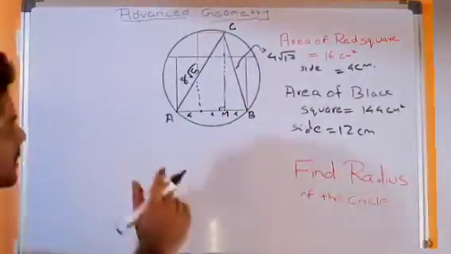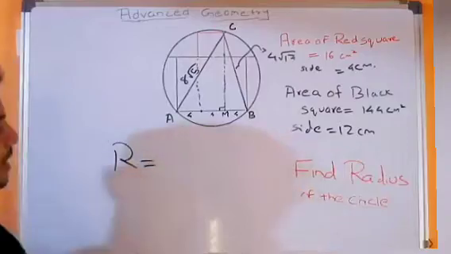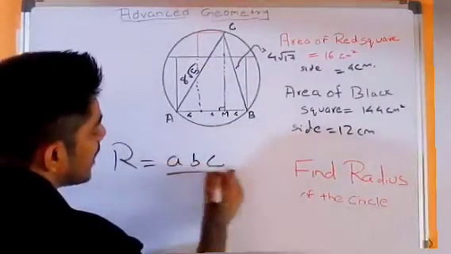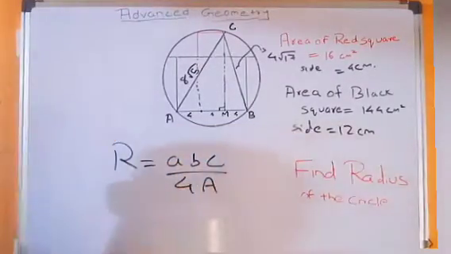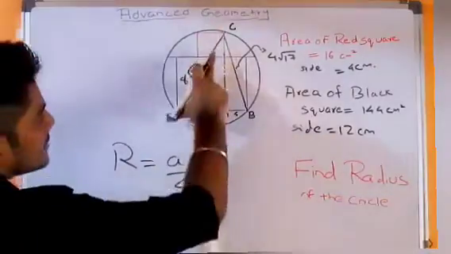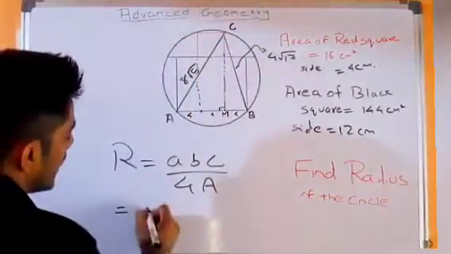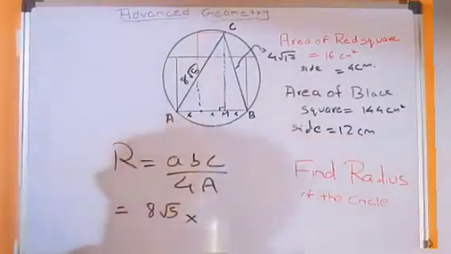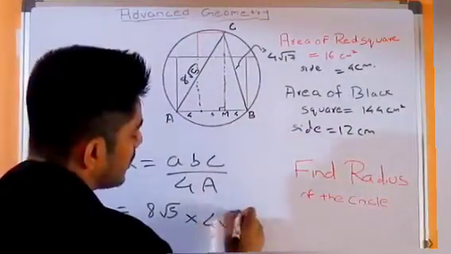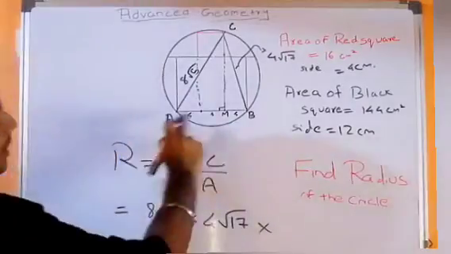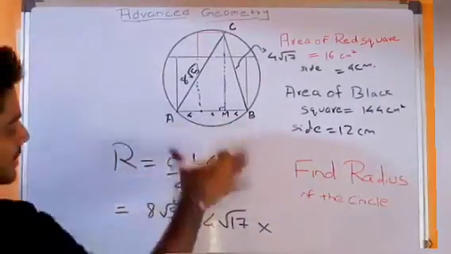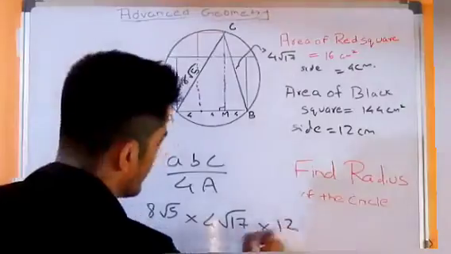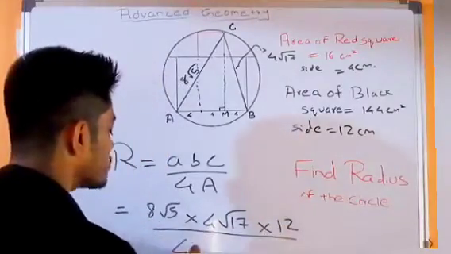So we'll use the formula of the radius of circumcircle, which is nothing but abc upon 4A. So tell me the value of a. AC, 8 root 5, into what is the value of b? The value of b is 4 root 17, into what is the value of AB? That is the third side, it is 12, upon 4 times the area.